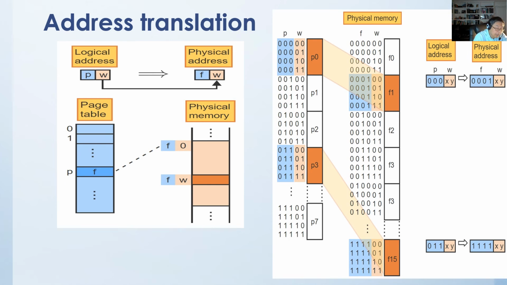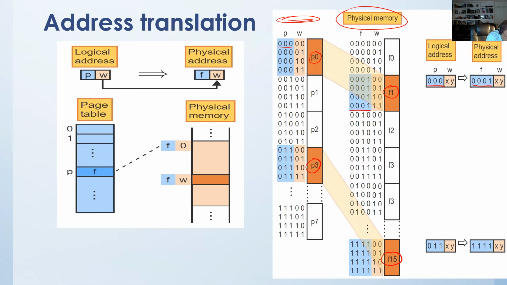Now this diagram gives you a summary of what we are talking about. I have a physical memory here, and that's the logical memory space. Page 0, P0, maps to frame number 1, and P3 maps to frame number 15. In the page table, page 0, which is all 0s, maps to frame number 1, which is 0001.